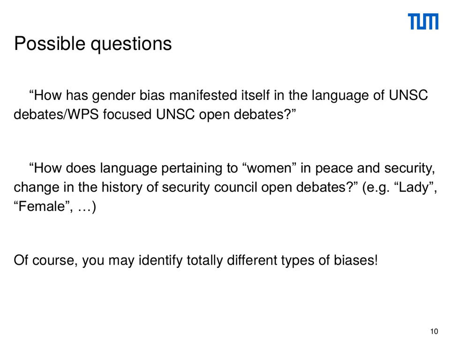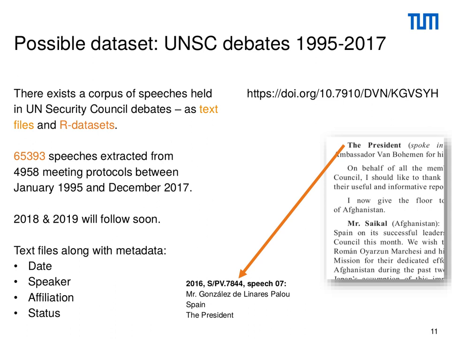But we want to focus on the United Nations, and more specifically on the United Nations Security Council, because there is a huge text corpus openly available, which covers all UNSC debates from 1995 to 2017. And there exists a corpus which has these debates as single speeches ready as text files, as well as R datasets.